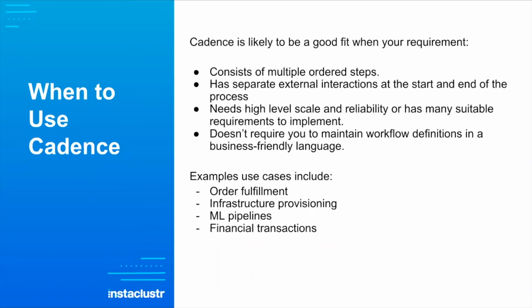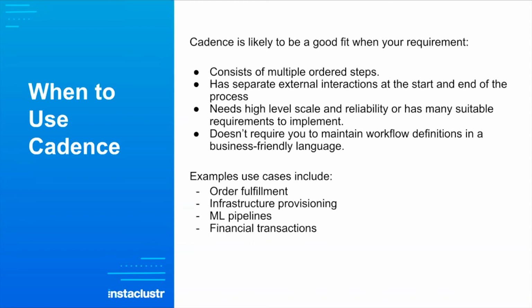Interestingly, it's used quite a few times for infrastructure provisioning, perhaps the Instaclustr example: create a VPC, create some instances within that VPC, install some software on there. Cadence can take care of those kind of multi-step processes and be very, very useful at doing that through potential failures and long time frames for some of those steps to occur.